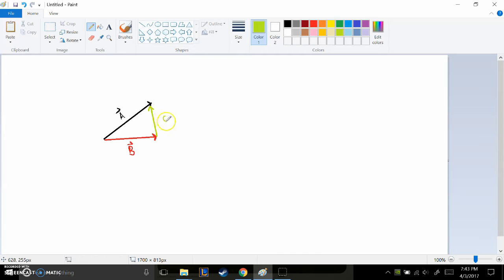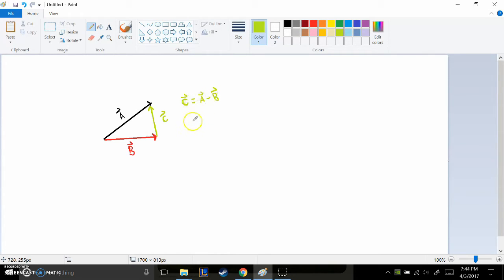Okay, so this is C. So here we can say that C is equal to A minus B, right? It's pretty similar to the two vectors we just talked about when dealing with subtraction.